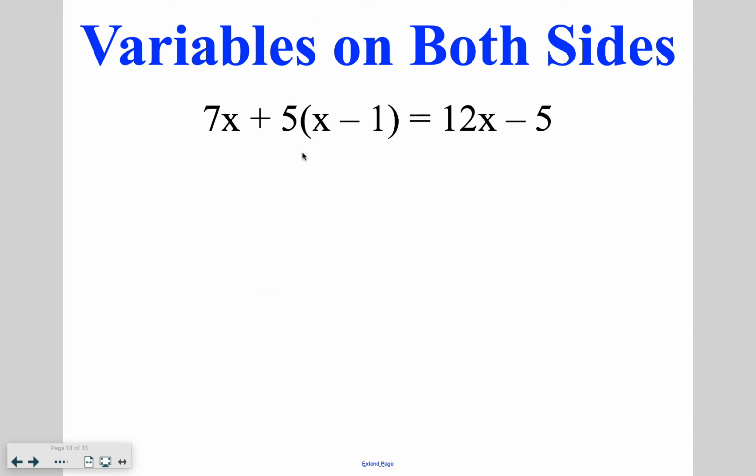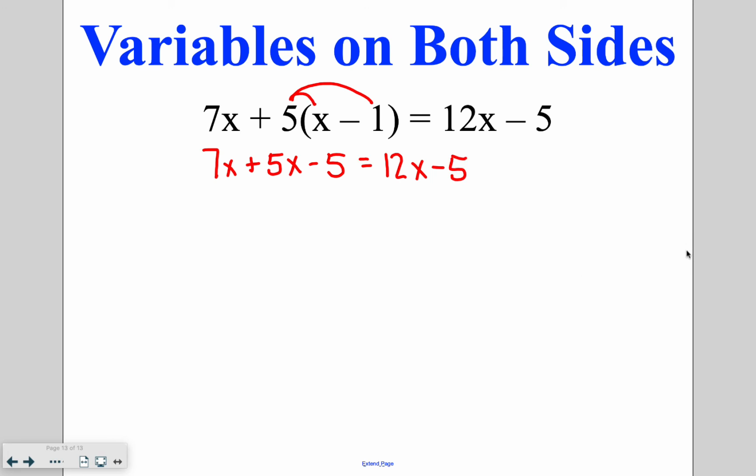On the flip side of that, in this case, when I distribute, I end up with 7x plus 5x minus 5. And on the right side, there's nothing to combine, so I have 12x minus 5. Now when I go back to my left side of my equation, I have 7x plus 5x, which is going to be 12x minus 5, is equal to 12x minus 5.